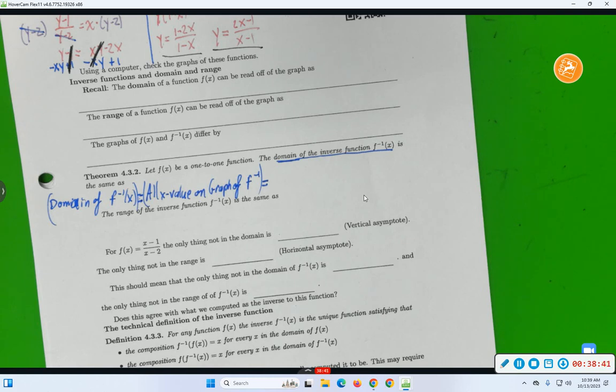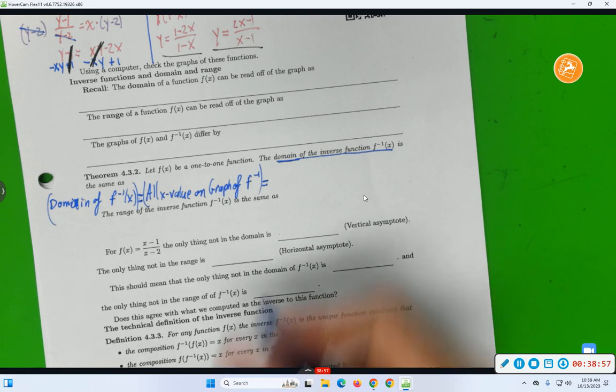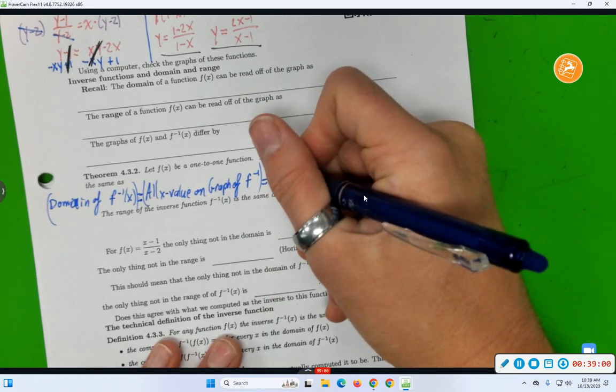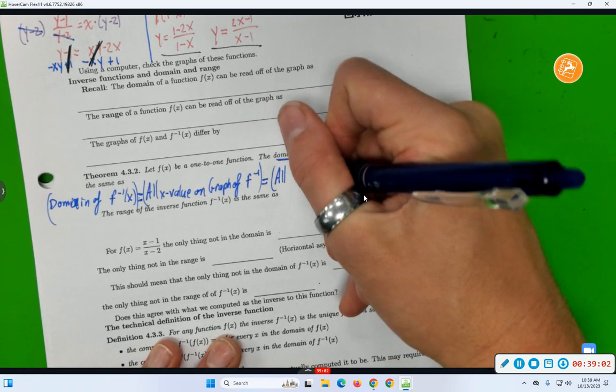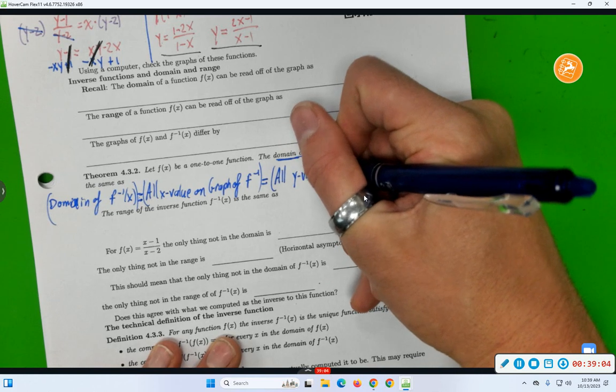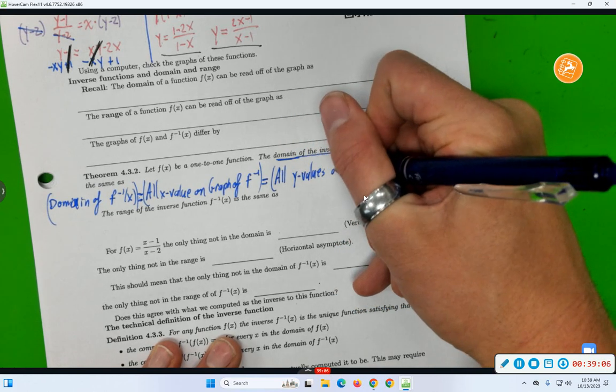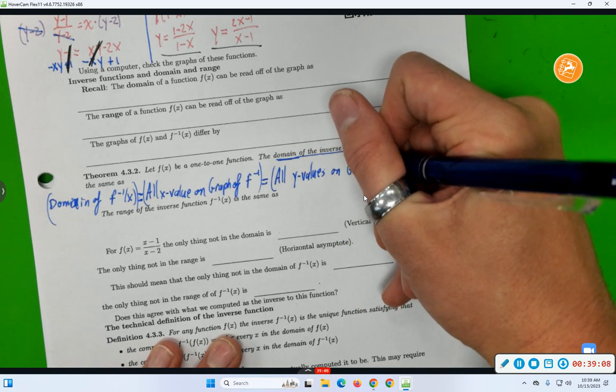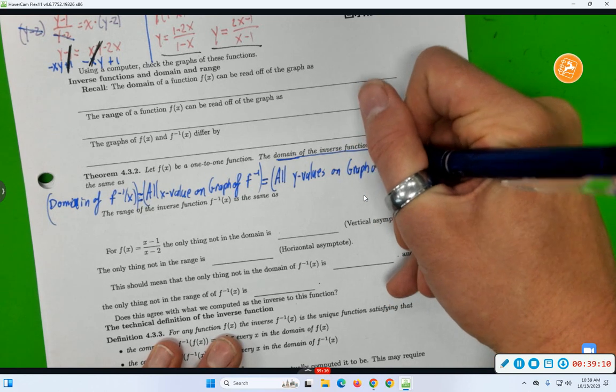What does taking the inverse function do to x, y values? Swaps it, right? X values become y values. This is the same as all of the y values on the graph of the original function f.